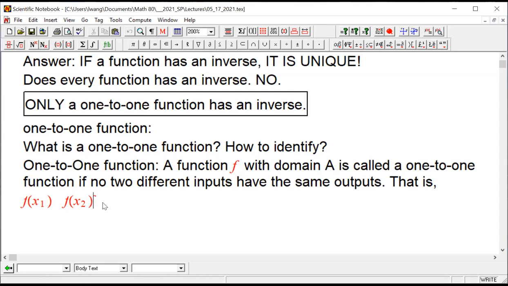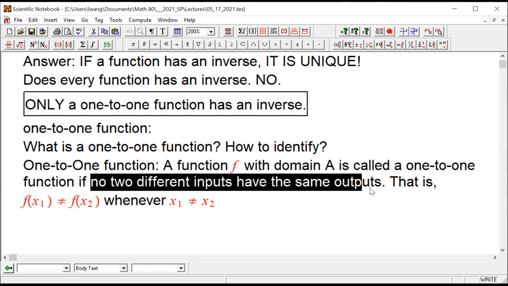Whenever input 1 is not the same as input 2, their outputs are not the same either. This has to be true for any two inputs. So whenever the inputs are different, their outputs are different. That's the definition. That's what it means. No two different inputs have the same outputs.